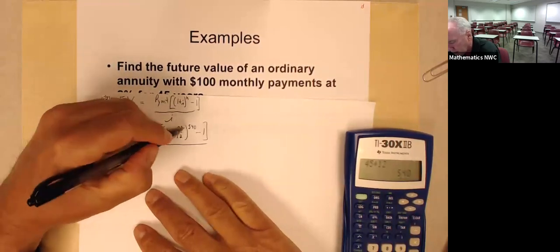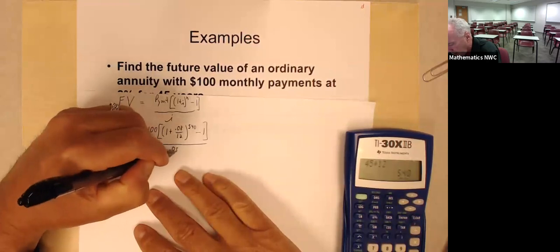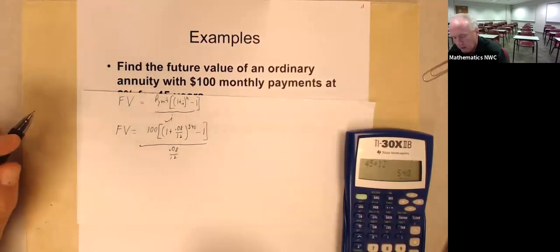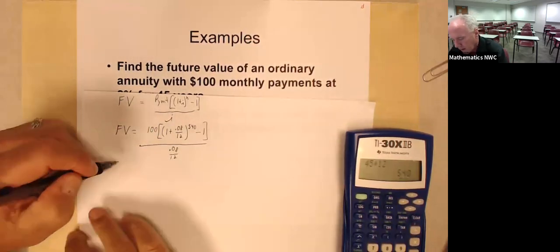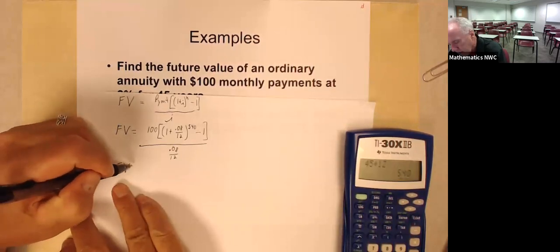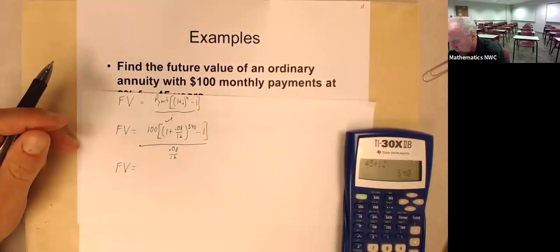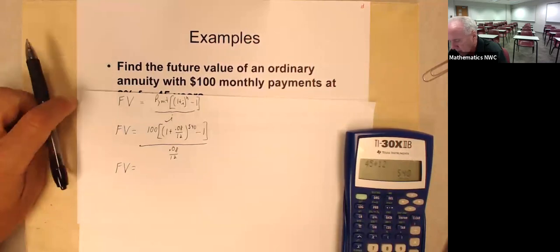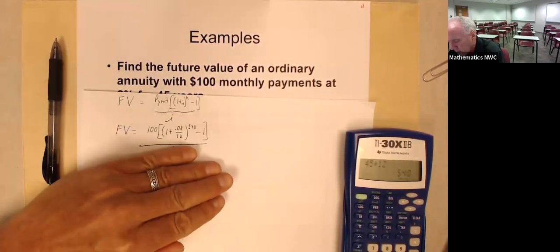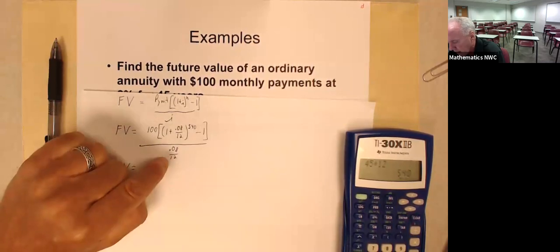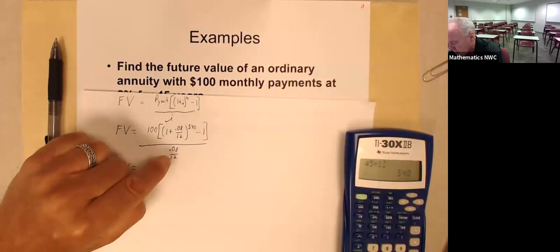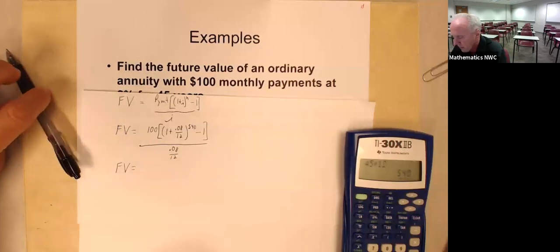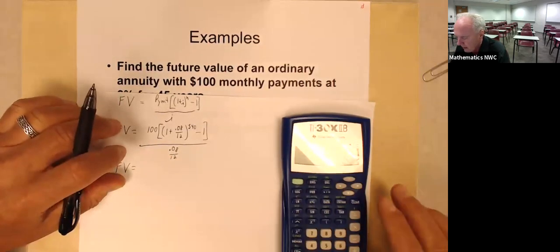These two I's are exactly the same. 0.08 divided by 12. Again, there's a lot of different ways you can use this on your calculator. I am going to do the numerator here first. When I'm all done, I'm going to divide and use some parentheses on this one. That way I don't have to copy anything down.